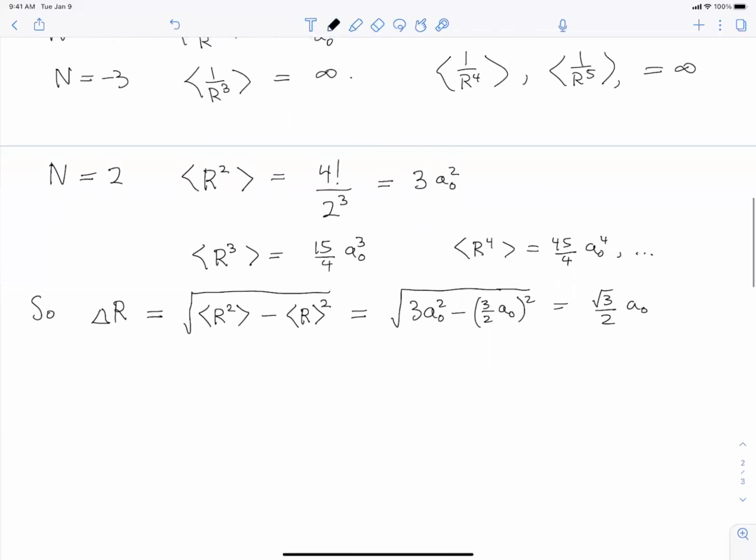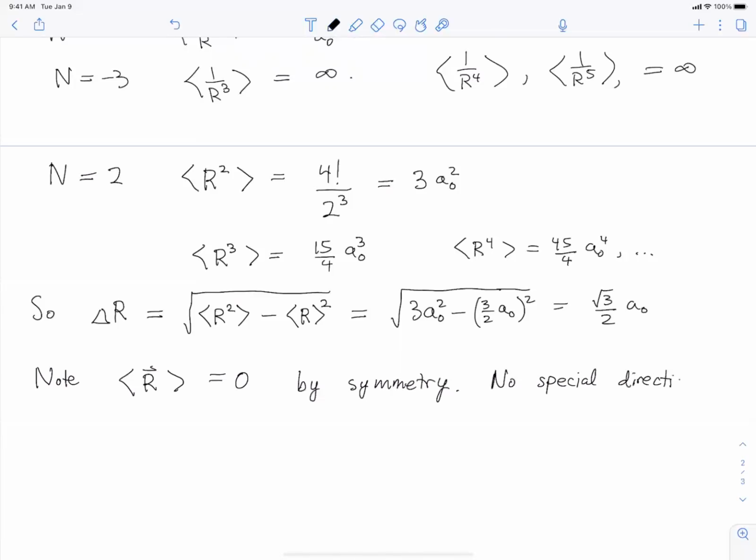So other things we can ask about are things like, what's the expectation value of the position vector? And notice that's 0. So if we take the expectation value of the position vector, that has to be 0 just by symmetry, because there's no special direction in this ground state. The ground state is spherically symmetric.